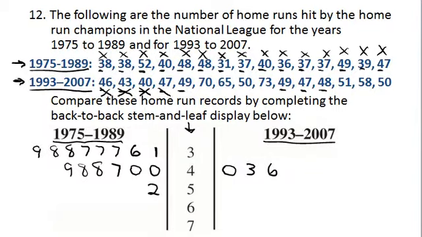Now there's a couple of 4, 7s. There's a 4, 7, and there's a 4, 7. So 7, 7. There's a 4, 8, but there's only one of those. But there are a couple of 9s. There's a 4, 9, and a 4, 9, and I believe that does the 4 stems.